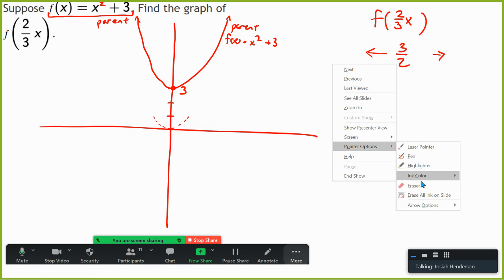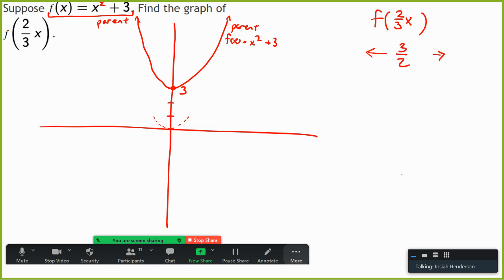I'm going to change my color to show the transformation. So pick any spot to help visualize this. I pick this spot here, and this is going horizontal. Why is it horizontal? Because our rule was in the parentheses. So horizontally, this spot is going to get 1.5 times, that's 3 halves. It's like taking this location and saying times 3 halves, and it goes out to its new location. And the same is happening on the left.